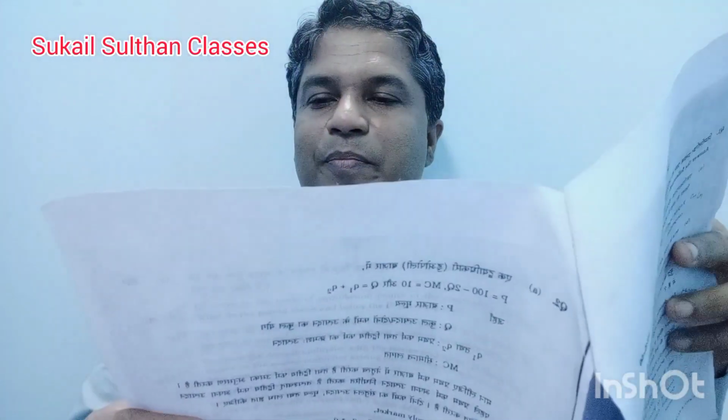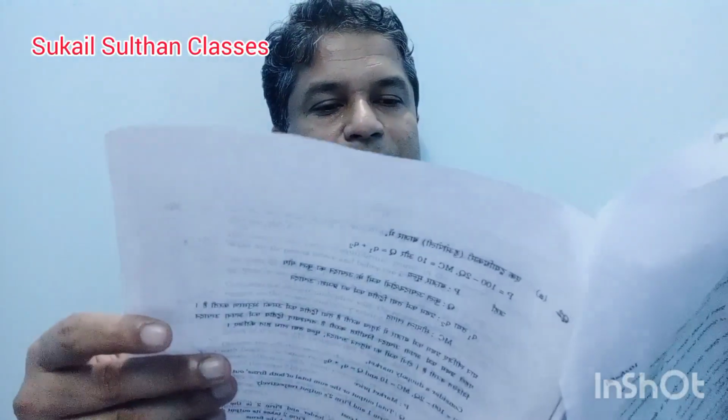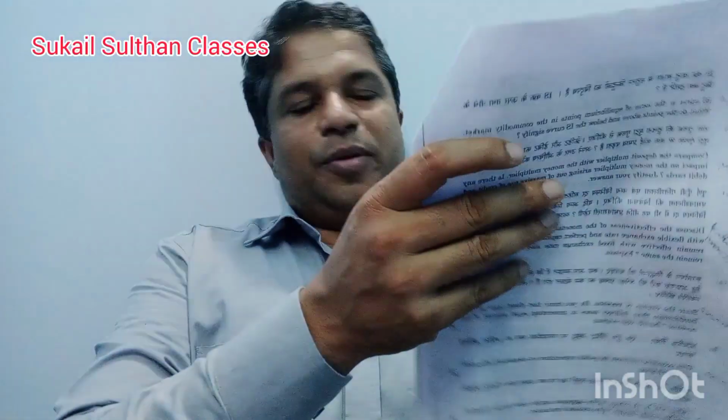Next. Question number 5. D. Show that in Domar's growth model, in equilibrium, path of investment is exponential. Again, a direct question from syllabus, directly from our classroom.